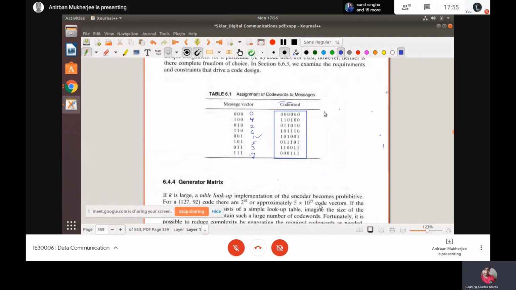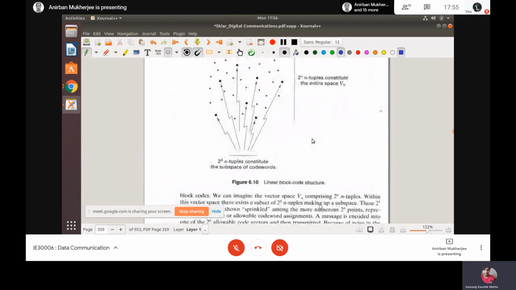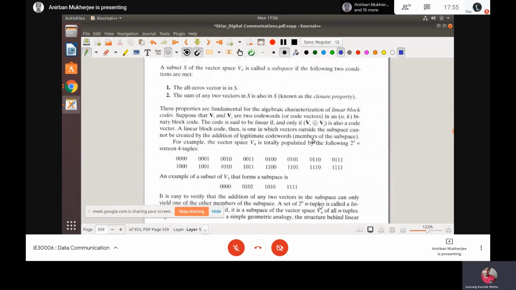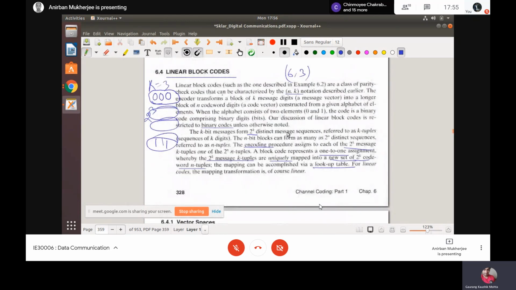In that case, this sequence will also be changed in increasing order of the message vector. But the thing is that this is one way. The encoder will store this lookup table, and the decoder will also store the lookup table. There is nothing great about it. Okay.